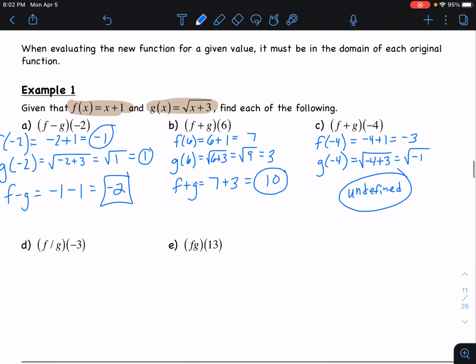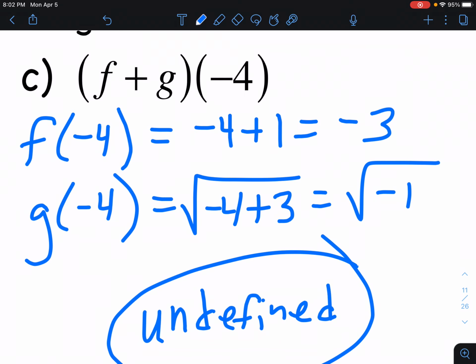Look back at the top sentence. It says, when evaluating the new function for a given value, it must be in the domain of each original function. We would say that negative 4 is not in the domain of g. The reason is that we can't take the square root of a negative number.